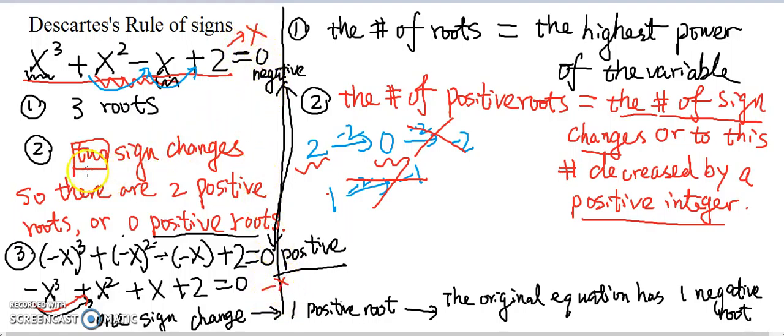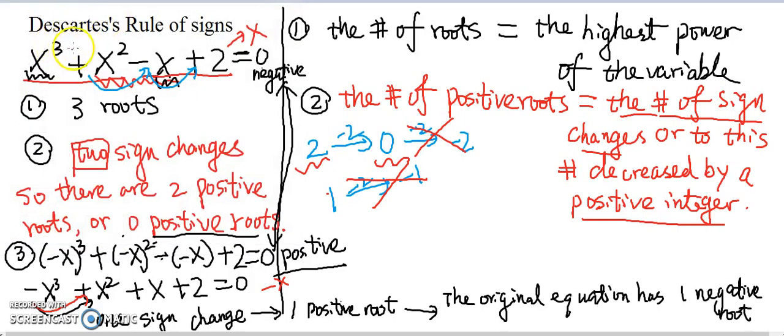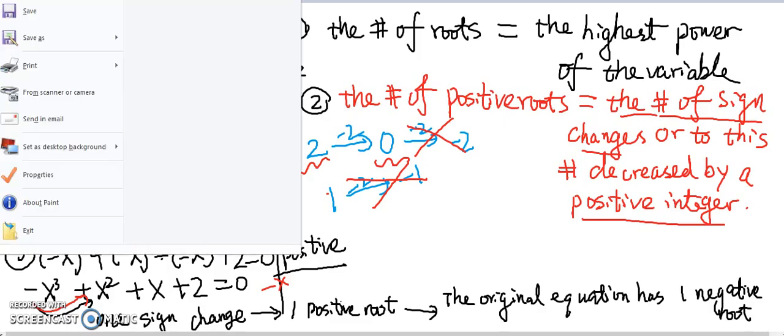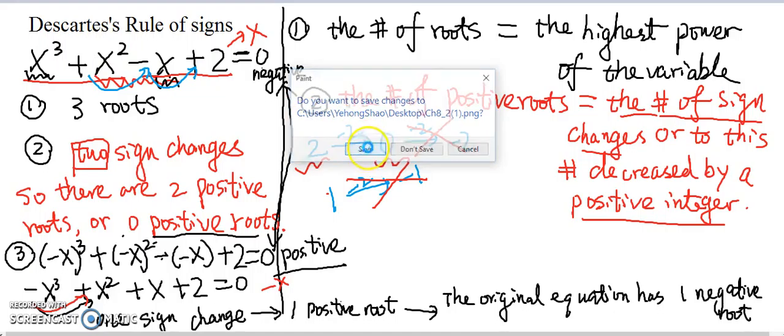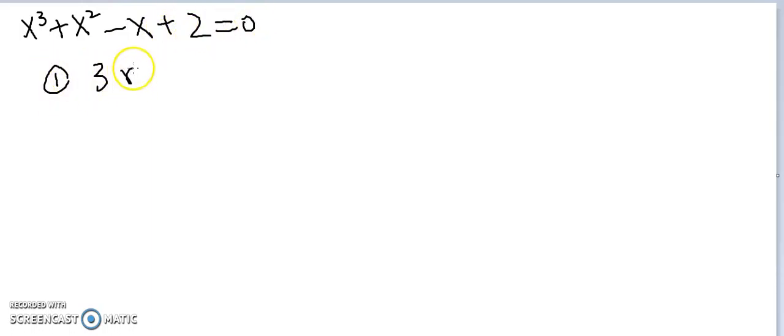So that tells us this equation, let me write it over here: x cubed plus x squared minus x plus 2. We already know it has 3 roots in total.